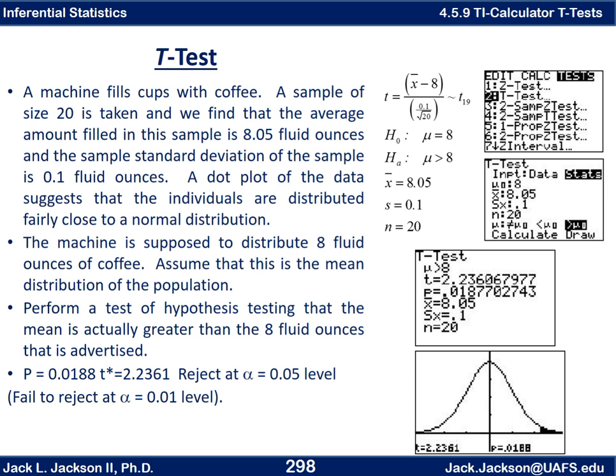That's less than 0.05, which is our alpha level, so we reject the null hypothesis. Notice had we used a different alpha level, say 0.01, then we would have failed to reject. So we have some pretty good evidence that the machine is filling these cups of coffee a little bit more than 8 fluid ounces on average.